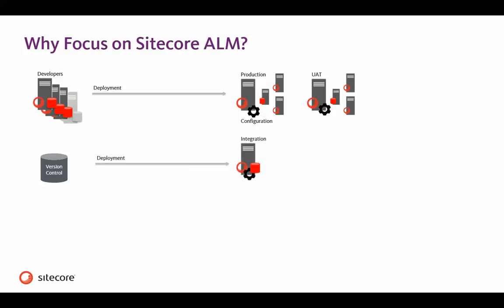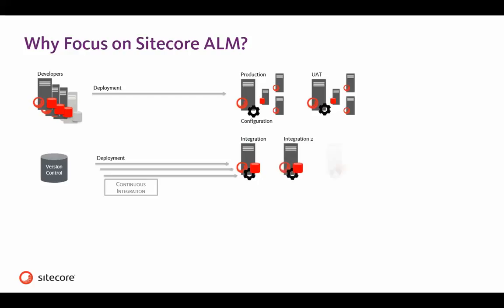So we might need to do deployment to integration environments where we can test third-party integrations like SharePoint or any other third-party systems that integrate. And we might implement continuous integration on those so that we can continually test as we're changing things, so that we don't break things in the integrations.